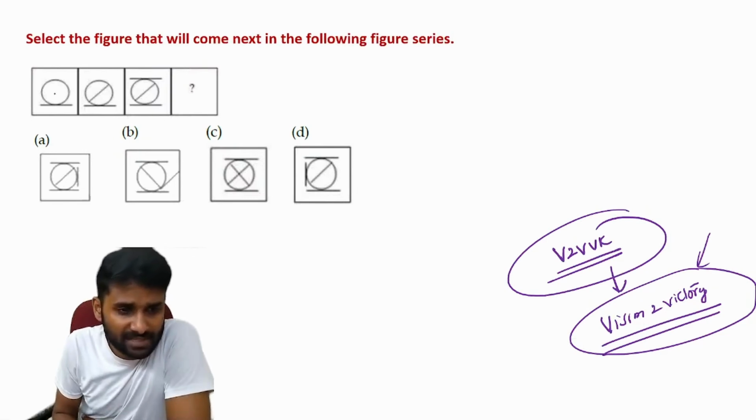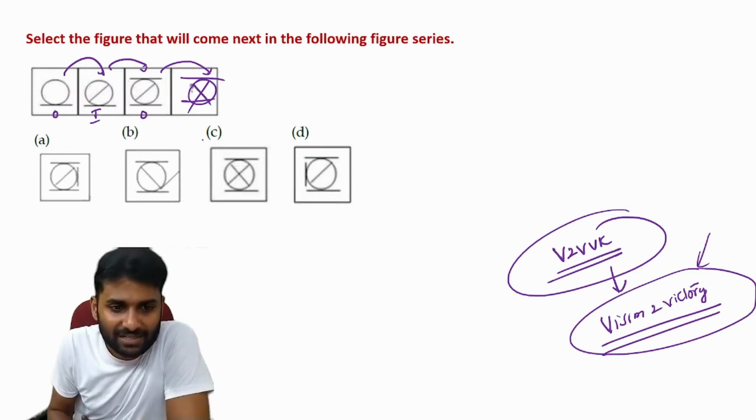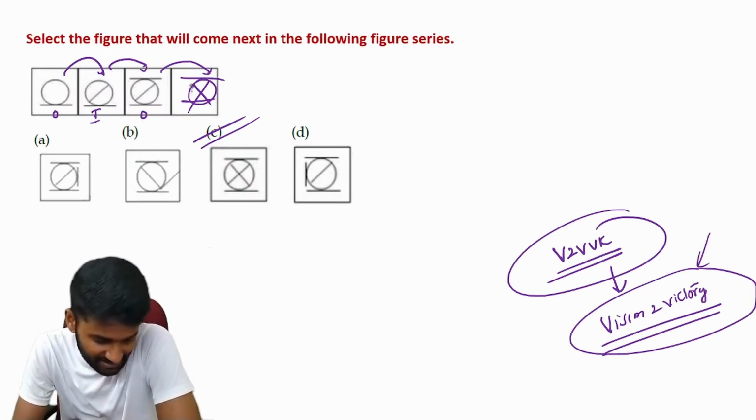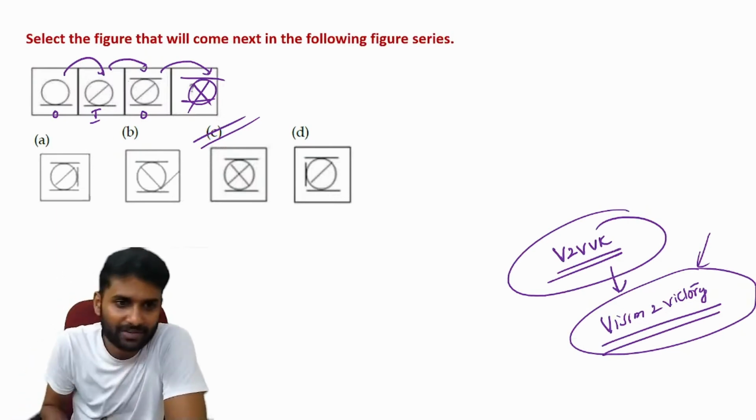Now see, just stick with the sequence here. Circle and we have a line. If you go through the sequence here, there is one line inside. Again from here to here, there is one line outside. See, this is outside, inside, outside. Definitely we require inside. So this is already an extension figure. This picture you should reflect here, but you have to go with one more extension inside. So that's why the suitable answer is C. Inside, outside, so that will continue.